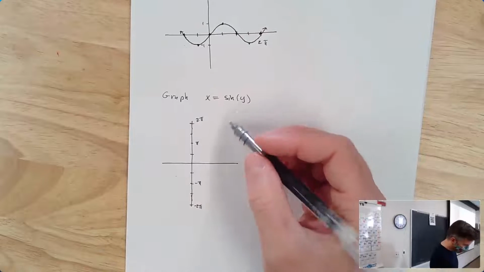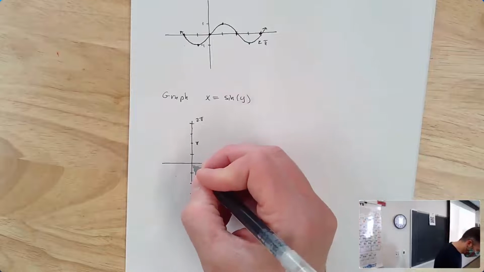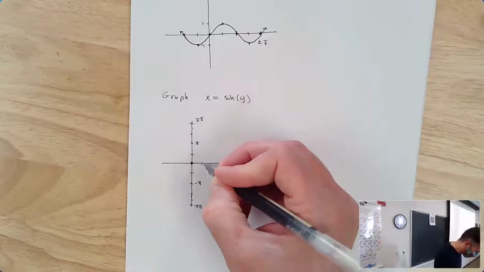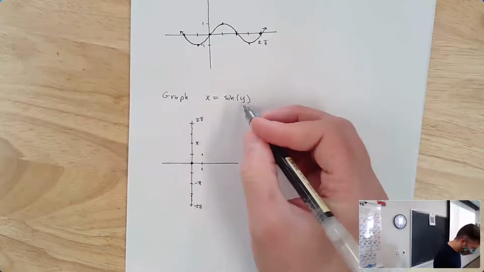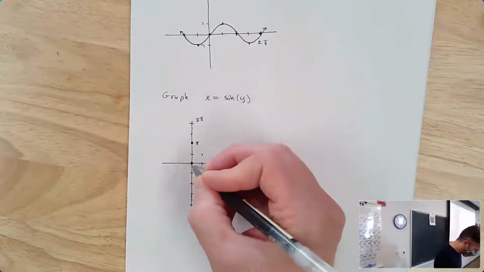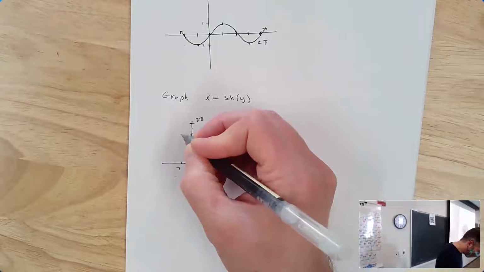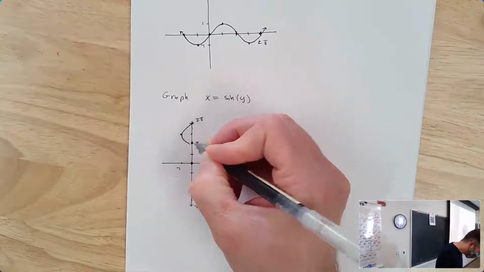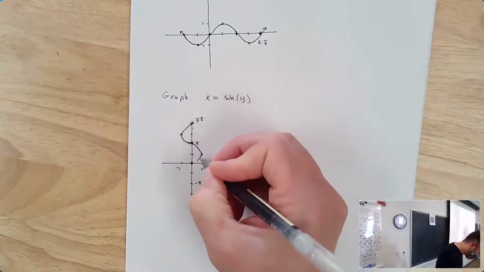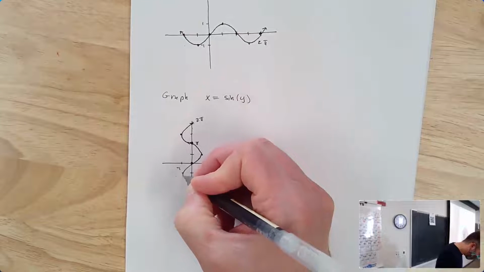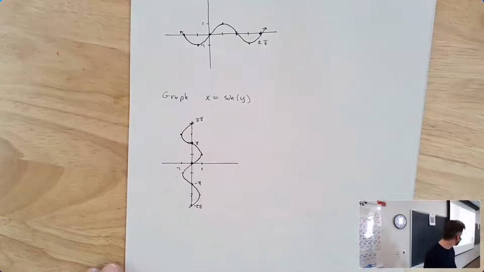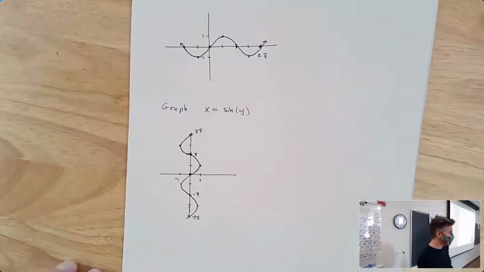And so if y is 0, x is sine of 0, which is 0. If y is π/2, sine of π/2 is 1. Sine of π is 0. Sine of 3π/2 is -1. Sine of 2π is 0. So it looks like this. It's hard to draw it this way, that's why it doesn't look as good. But I think you can all see, it definitely fails the vertical line test, without a doubt.